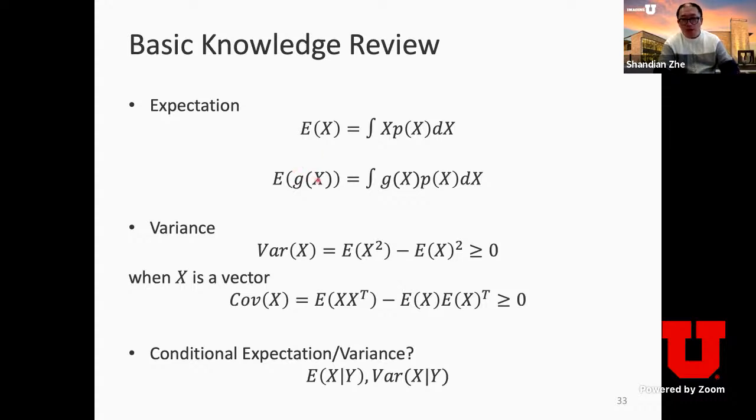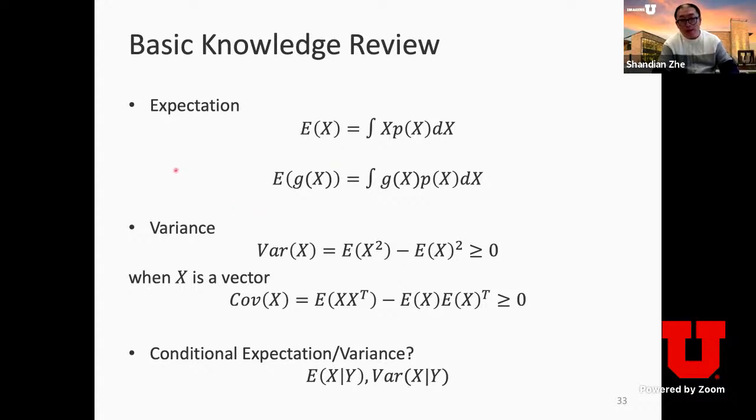If we want to calculate the expectation of g of x, we do the same kind of integral, and the integrand is g of x and the probability density of x. This is our definition. Hopefully, you follow this definition to calculate the required means and variances in our homework problems.